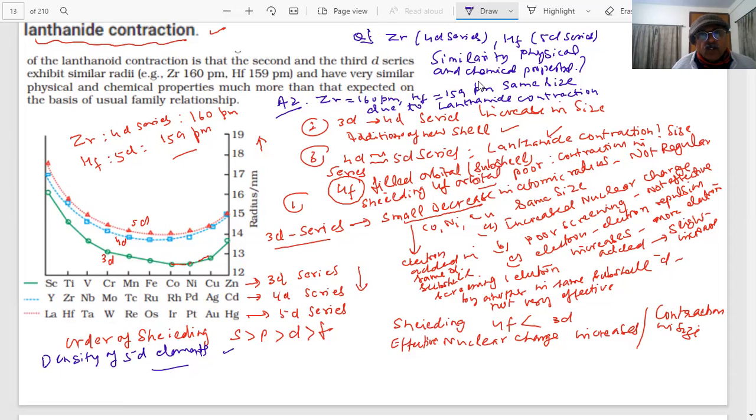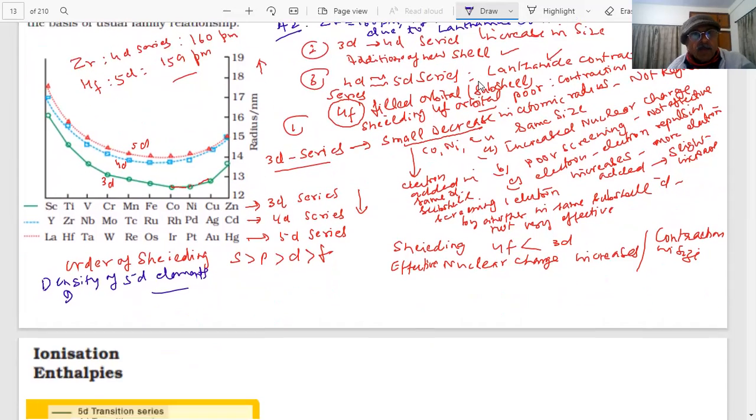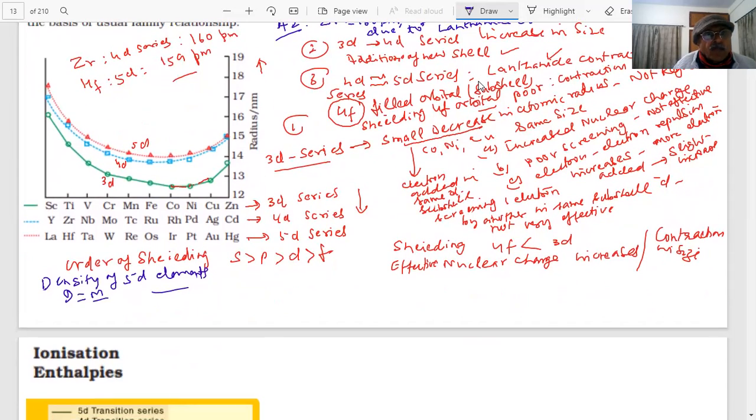Density depends on what factor? Density is given as mass per unit volume, student. If the radius decreases, volume, which is 4/3 pi r cube, will be less.